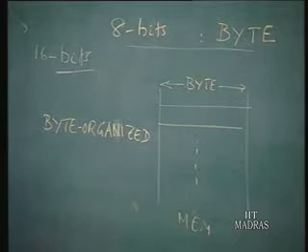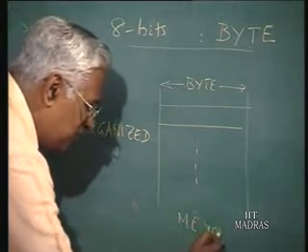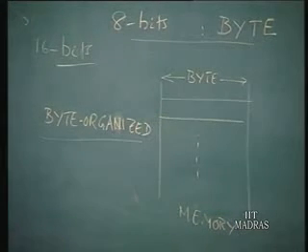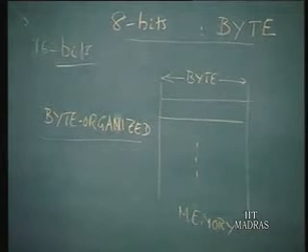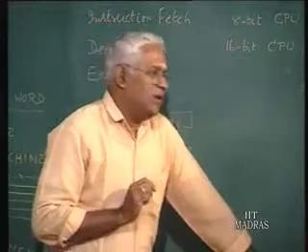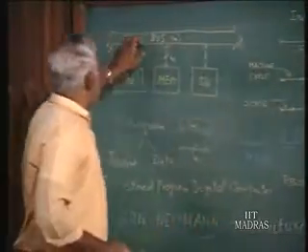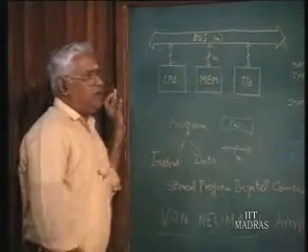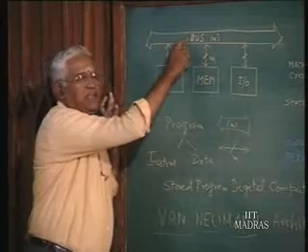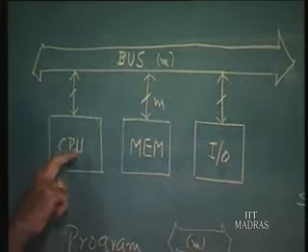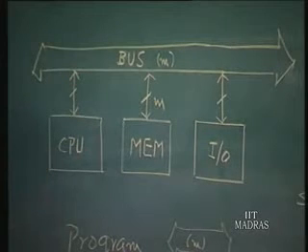Good. So generally what we have these days is a byte organized memory, in which case the memory is going to hold the data in units of bytes, and similarly the bus will generally be capable of transferring an 8-bit or 16-bit or 32-bit data, and the CPU also can be an 8-bit CPU or 16-bit CPU or a 32-bit CPU, like that.